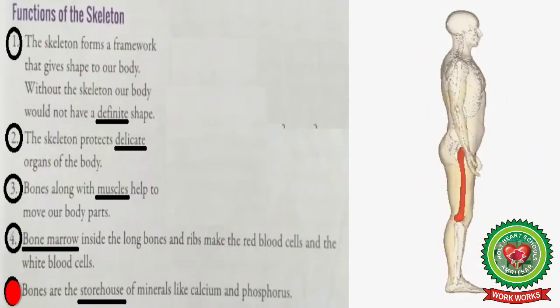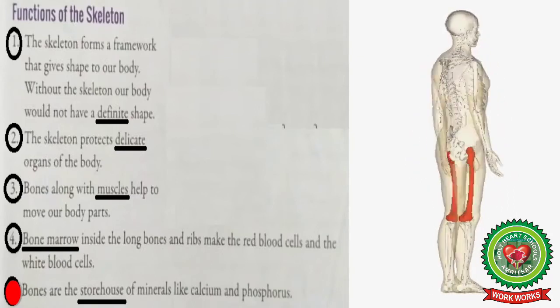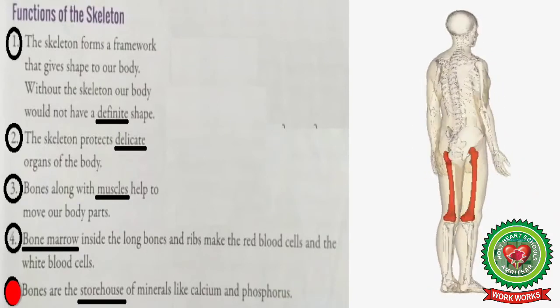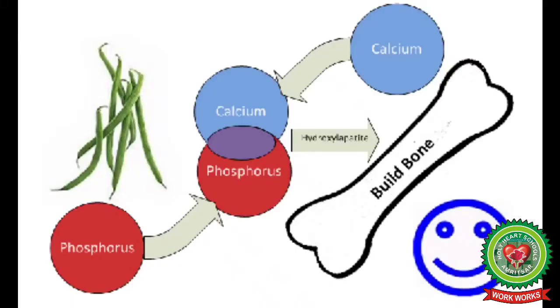Number 5 is bones are the storehouse of minerals like calcium and phosphorus. Underline the word storehouse and write down its meaning: a large supply of something. So students, bones are made of minerals like calcium and phosphorus.